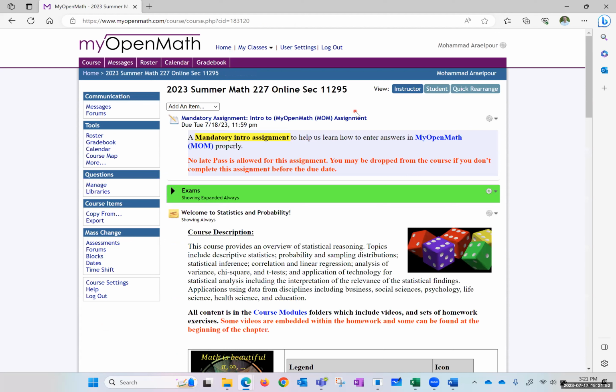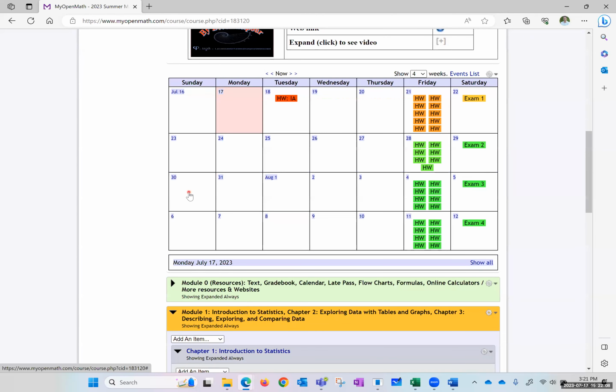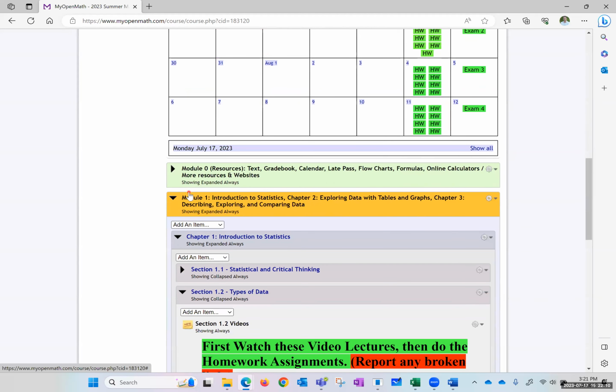So let me just give you the synopsis of the MOM. When you go to MOM, or My Open Math, first you see the mandatory assignments. You want to do that immediately. Then you see the exams. I'm going to come back to the exams in a moment. Course description, calendar. You see module 0 is all about resources.